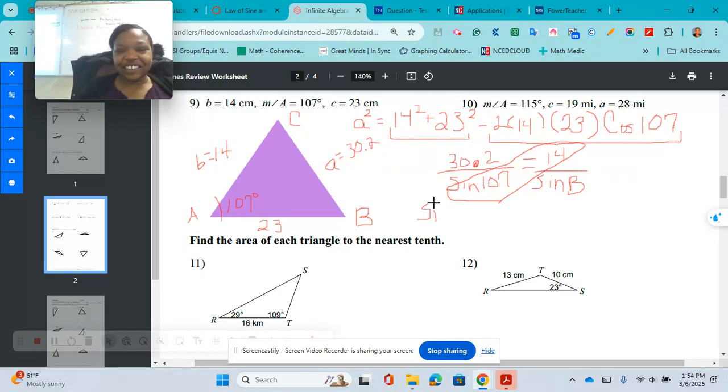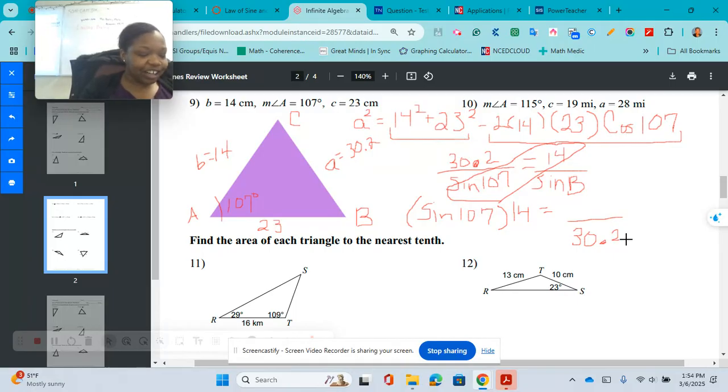Sine of 107 times the 14. We're going to get that product and divide it by 30.2.